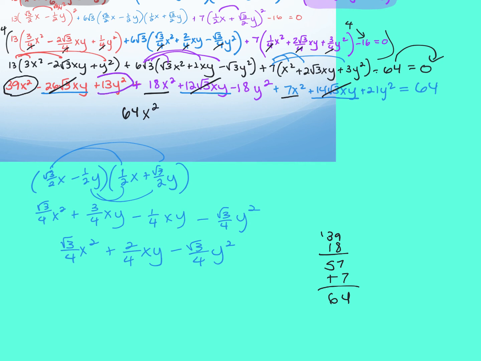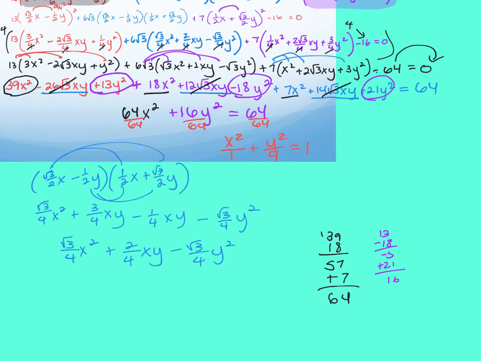Group together all the y squareds, 13 minus 18, negative 5, plus 21, positive 16y squared equals 64. Getting closer to standard form, but what do I have to do to get it completely into standard form? Divide everything by 64. X squared over 1 plus y squared over 4 equals 1.